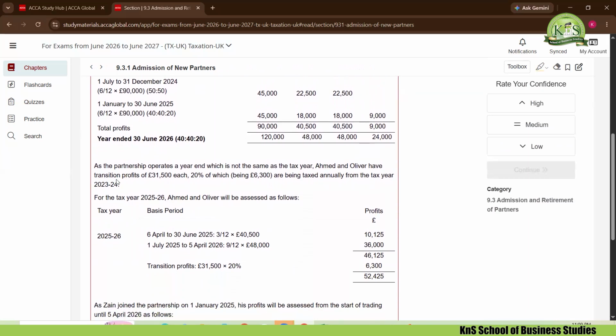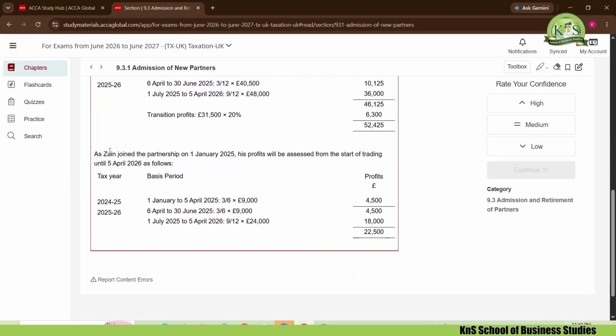Yes, it's mentioned over here. So they are just giving you another scenario attached with it, that in case of a clashing in profits or transition in profits, according to the ratio, you have to apportion.